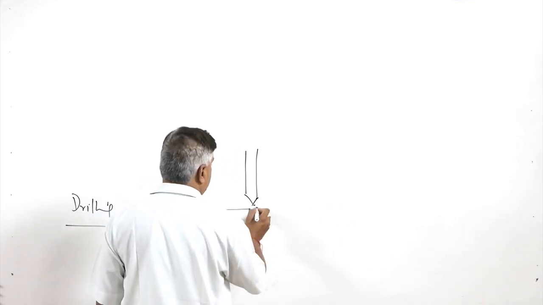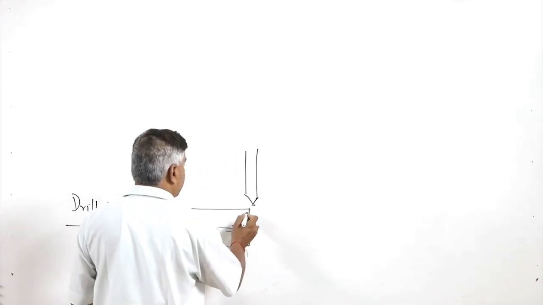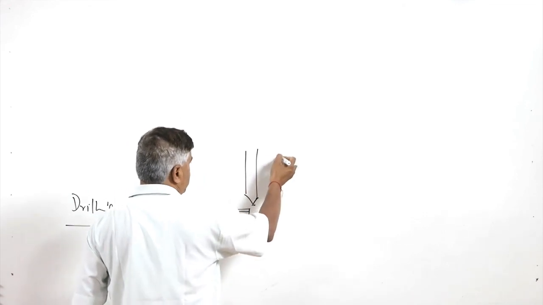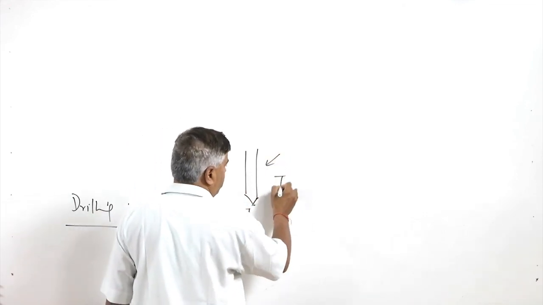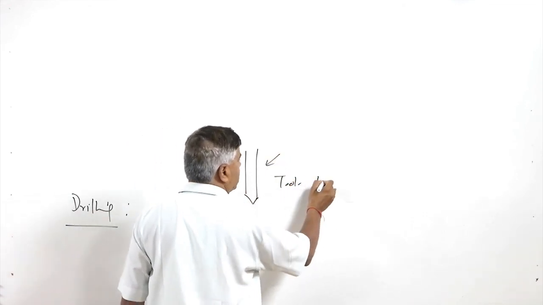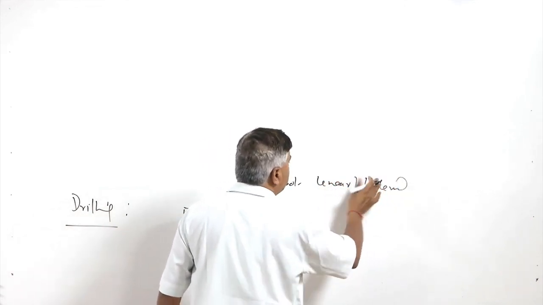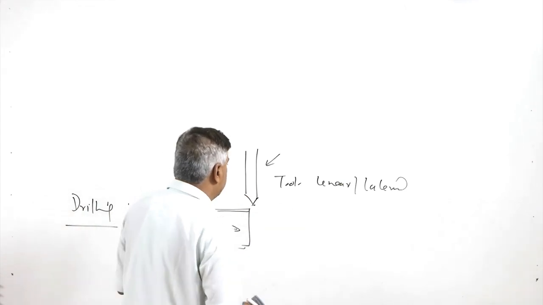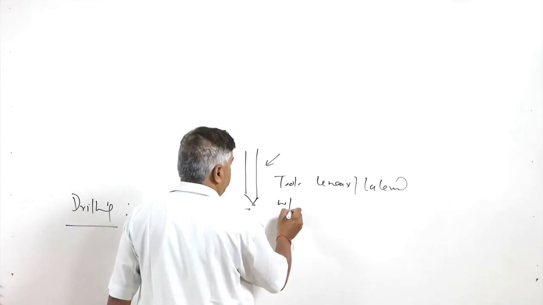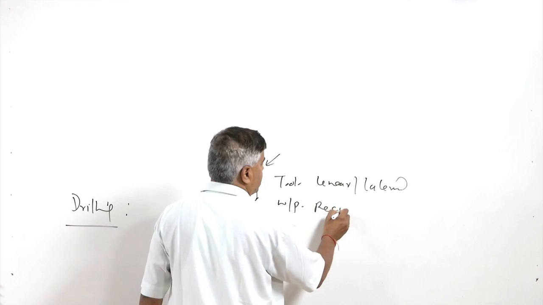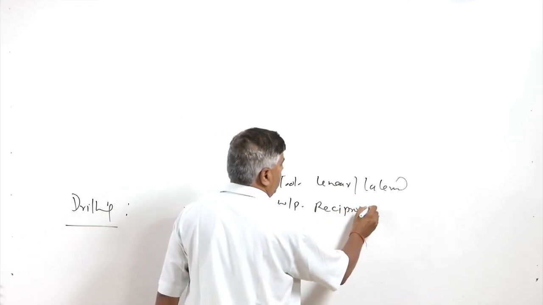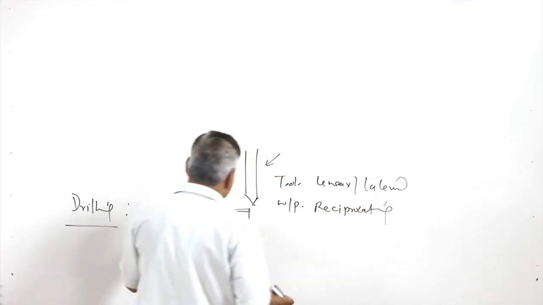The cut will be made along one line, and then the tool is given the lateral movement. So, the tool is subjected to linear and lateral movement with respect to the workpiece, and the workpiece is given the reciprocating movement for producing the flat surfaces.